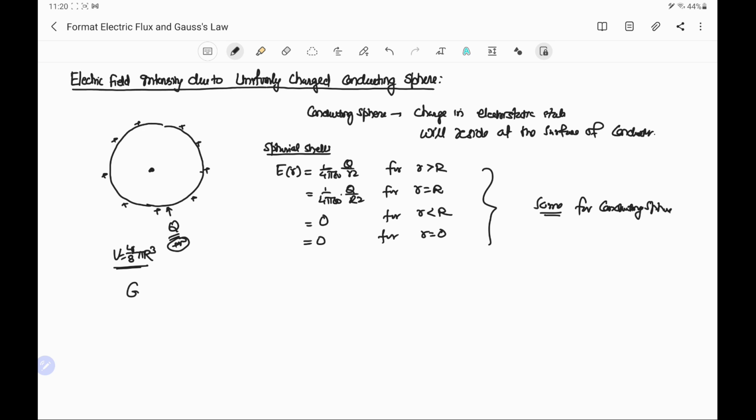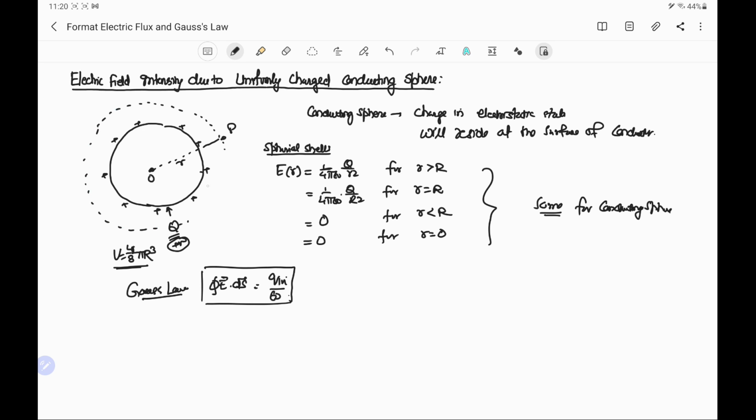Gauss law states that flux, integral E dot ds, equals charge enclosed by epsilon naught. This is the Gauss law. Now we apply this Gauss law for an external point P, which is at a distance r from the center O. For this point P, we take a Gaussian surface, which is also a spherical surface and passes through point P, represented by a dotted line.